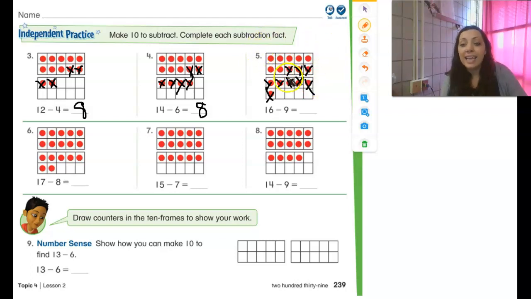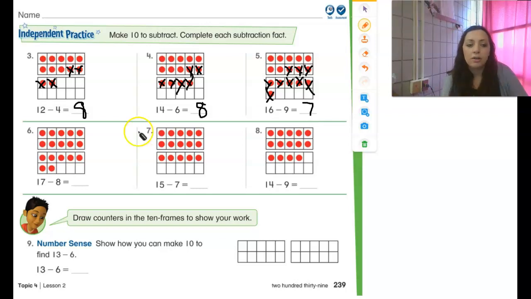So from my 10, I had to take 3 more away because I took away 6. And then I needed to take away 3 because I'm taking away 9 in all. So now what's left over? That's right, I've got 5 on the top and 2 more, and I know that is 7. Eventually, we'll just look at the 10 frame and I can say, that's got 3 spaces missing, that's 7.